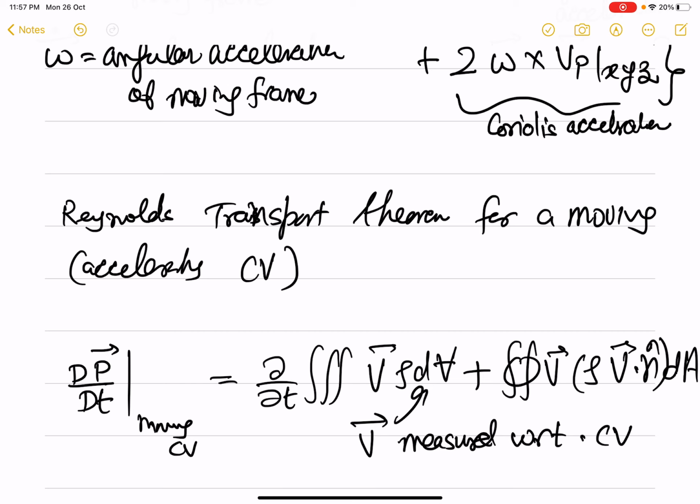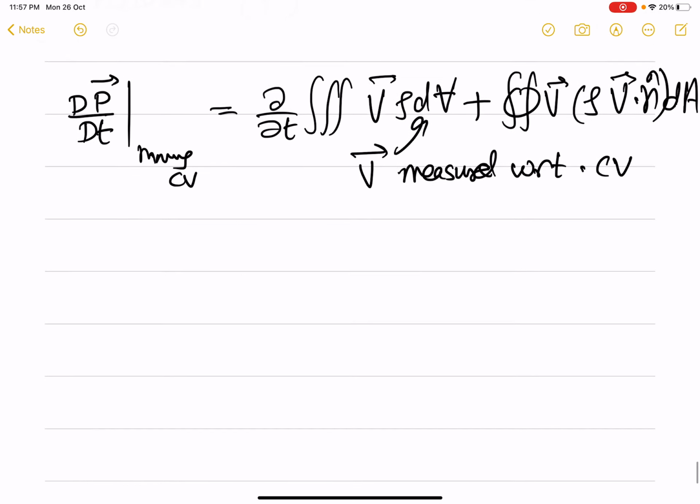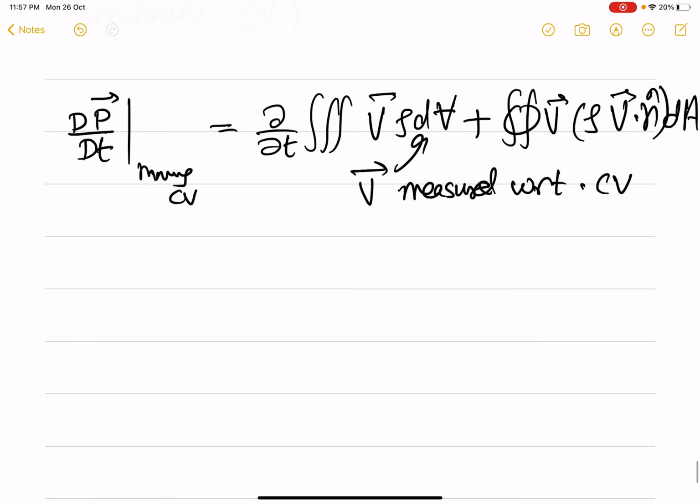Now, this dP by dt as seen from the moving control volume will be equal to the acceleration of point P as seen from the moving control volume times rho dV.